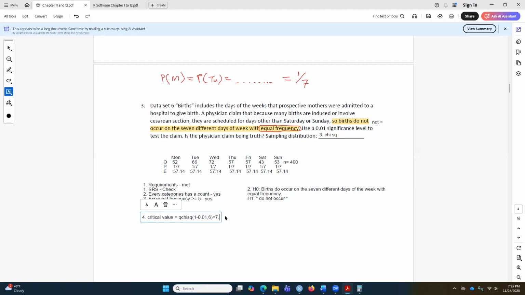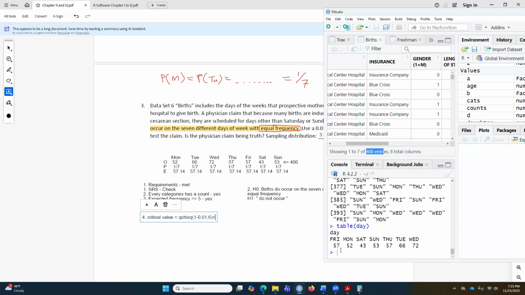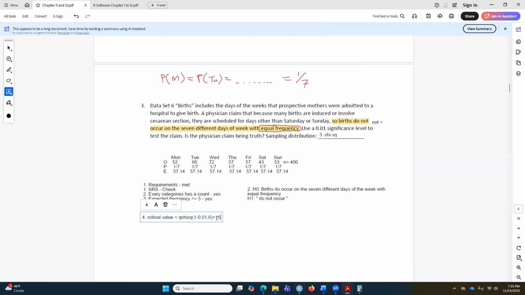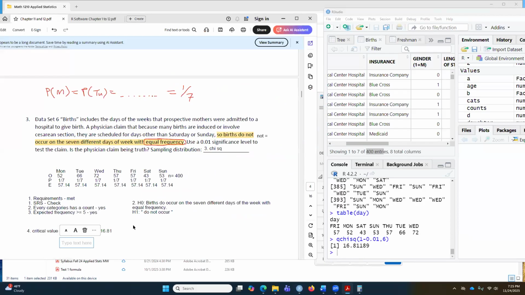Then you will have to use your RStudio to figure out what this value is. qchisq of 1 minus 0.01, or you can put 0.99, 6 is the degree of freedom here, is 16.81. Okay, so that is your critical value for question number 4.